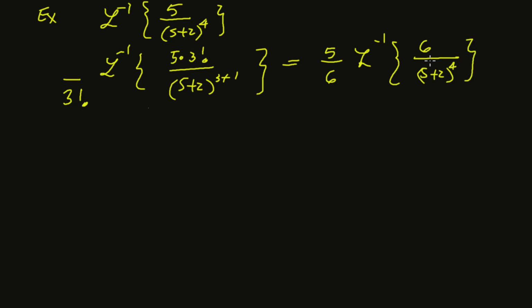So now this is perfect. We know n is 3, so it's 3 factorial, and that gives us for the answer 5/6 e to the negative 2t, times t cubed.